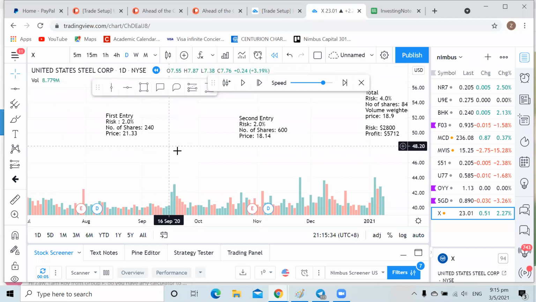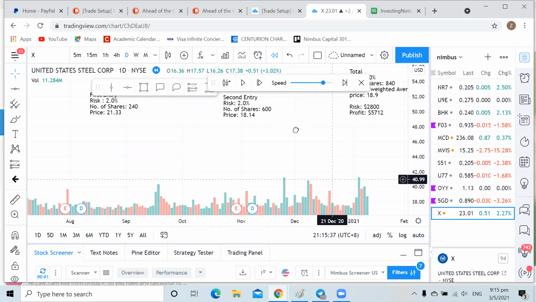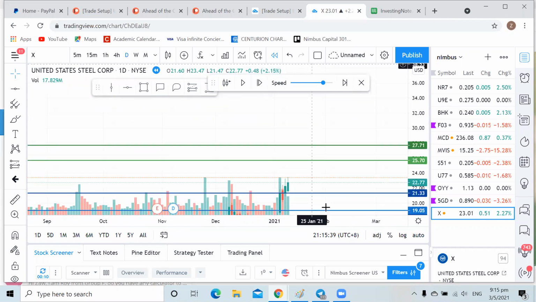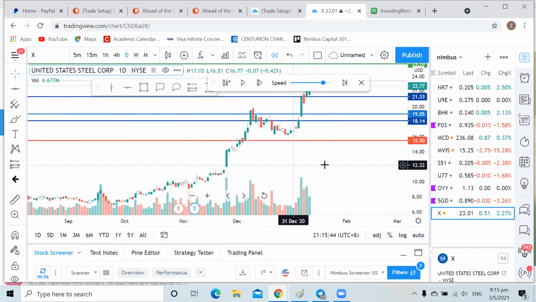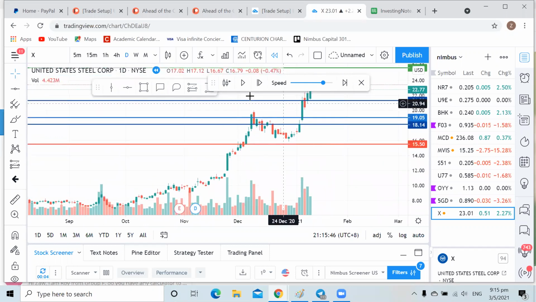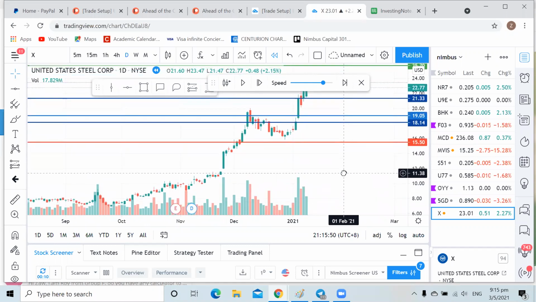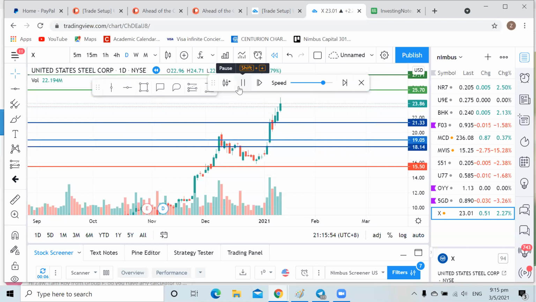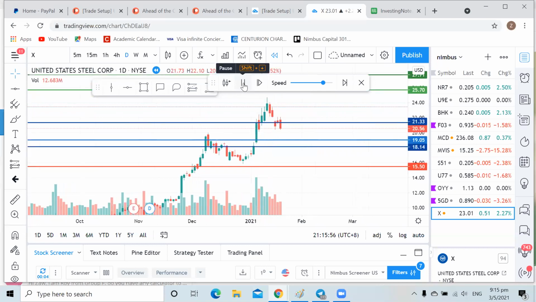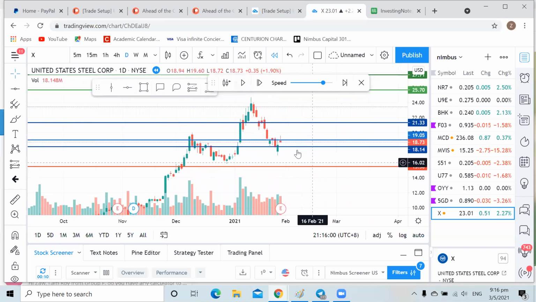So let's say the price goes down to hit the stop loss at 15.5, then I am going to lose 2% of my total portfolio lah. So as the price moves, you can see that it actually comes back down and hits the stop loss. Not the stop loss, the second entry.